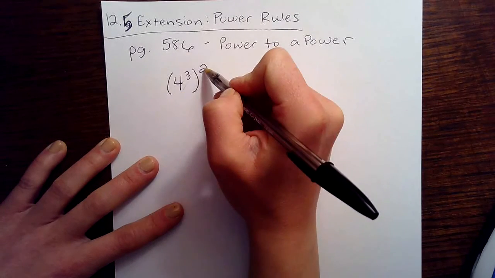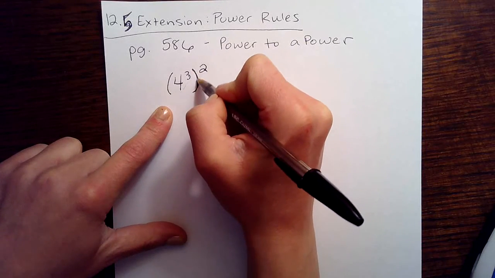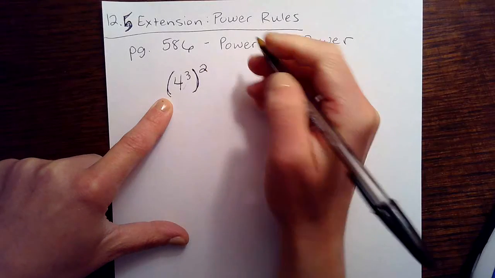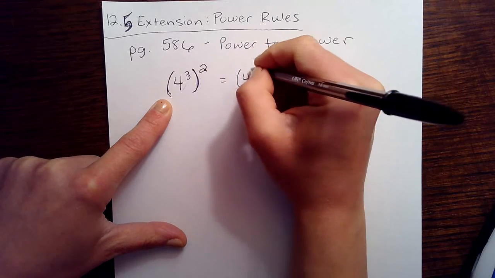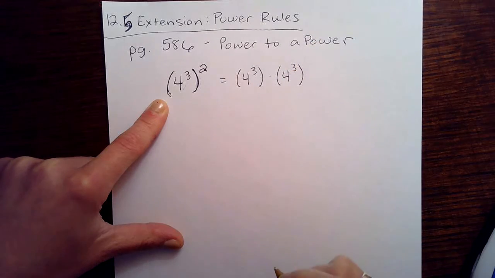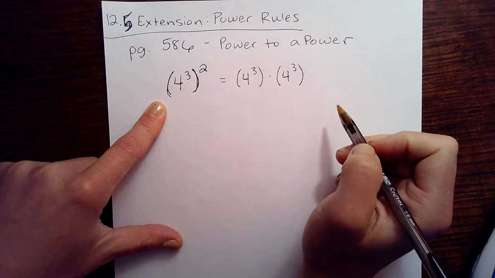A power to a power. What this means is that we're multiplying what's in parentheses by itself 2 times. In other words, 4 to the third times 4 to the third. Multiplying it by itself twice.